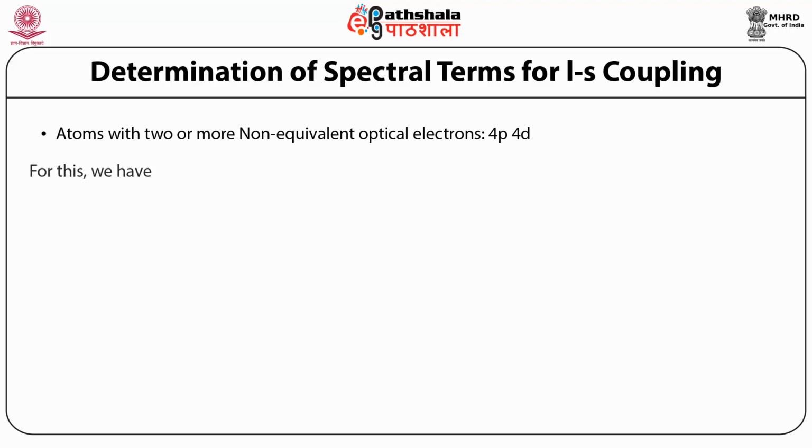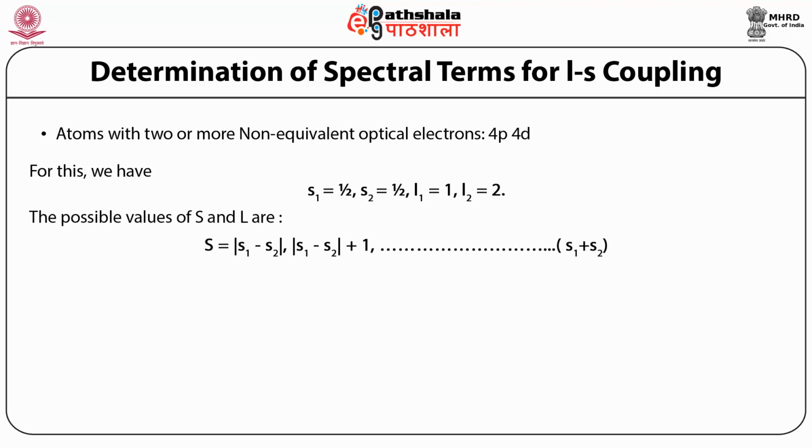For this, we have S1 equal to 1/2, S2 equal to 1/2, L1 equal to 1, L2 equal to 2. The possible values of S and L are: S is equal to S1 minus S2, S1 minus S2 plus 1, up to S1 plus S2, which is equal to 0, 1. Multiplicity 2S plus 1 is equal to 1, 3.